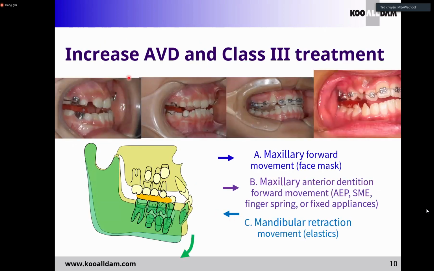So in this case, in class 3 deep bite, we want to increase anterior vertical dimension like this. In some cases, we want maxillary forward movement using a face mask. In some cases, we want maxillary anterior dentition forward movement with some kind of spring or expansion plate.